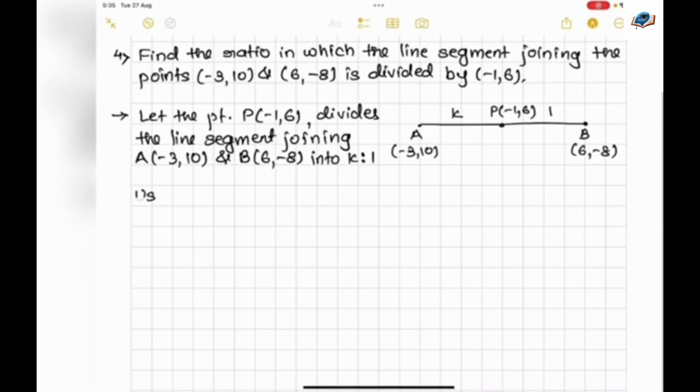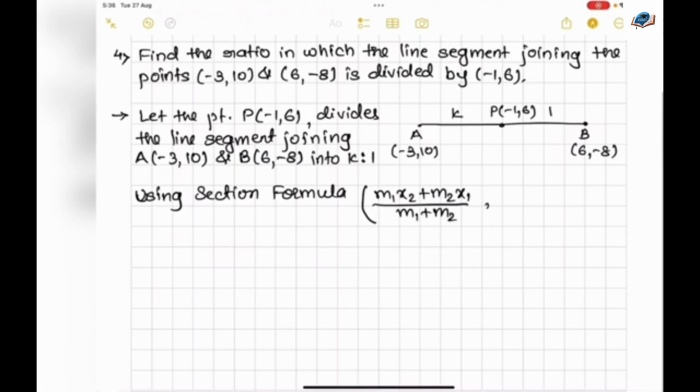Now using the section formula, that is (m1 x2 plus m2 x1) upon (m1 plus m2), comma (m1 y2 plus m2 y1) upon (m1 plus m2), we will find the point.